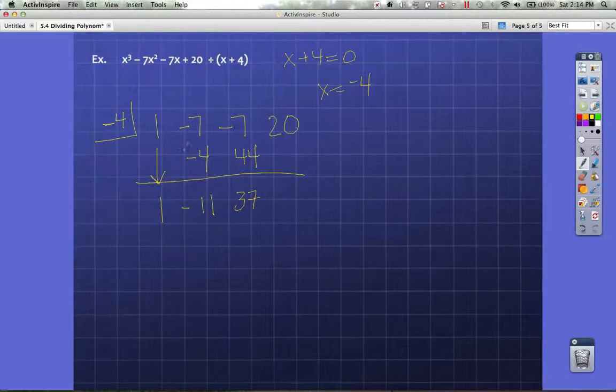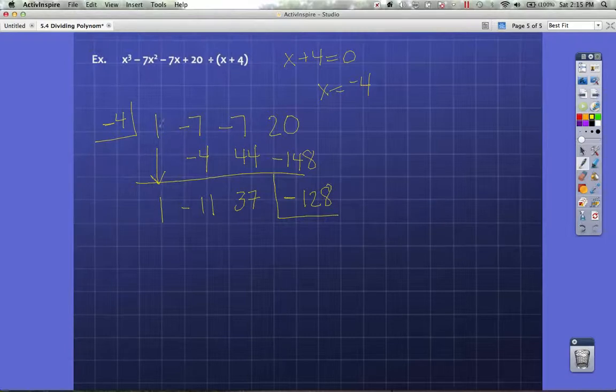And then -4 times 37, which is a -148. And then when we add, we get the remainder. Remember, the last box is the remainder, and that's -128.